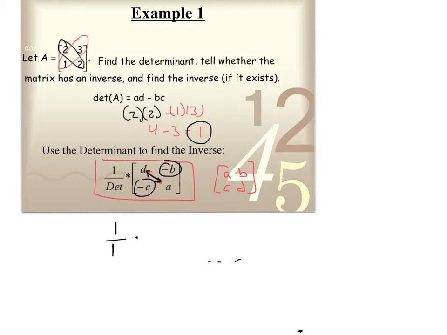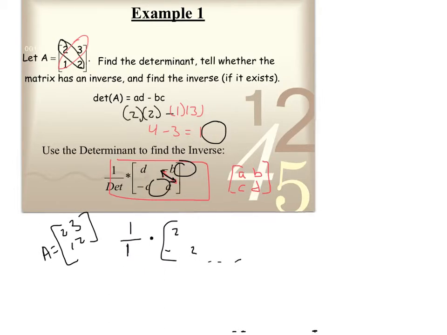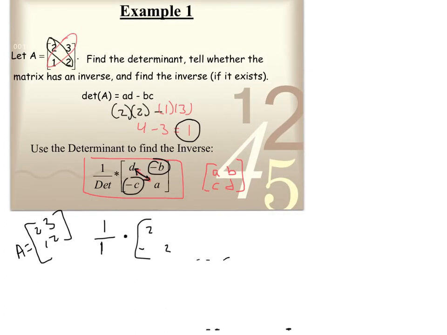And I'm going to multiply it with, okay, so A was equal to 2, 3, 1, 2. So I'm going to switch, well they're the same number, so that doesn't matter. And then I'm going to apply the negatives.